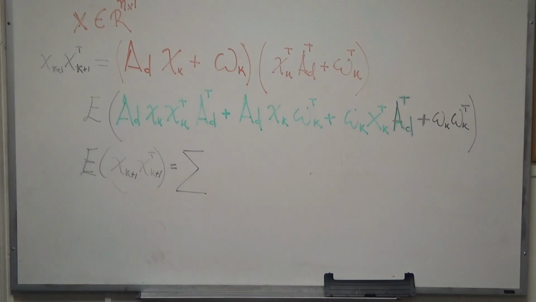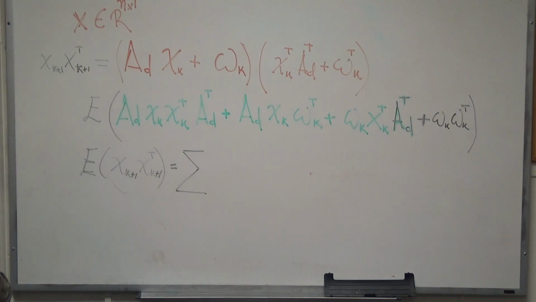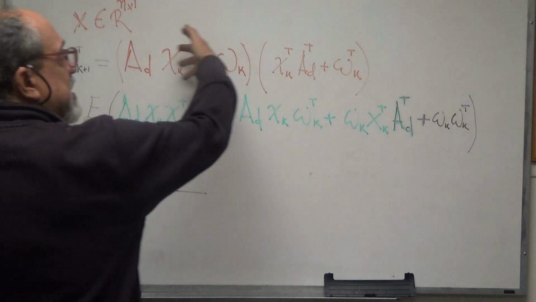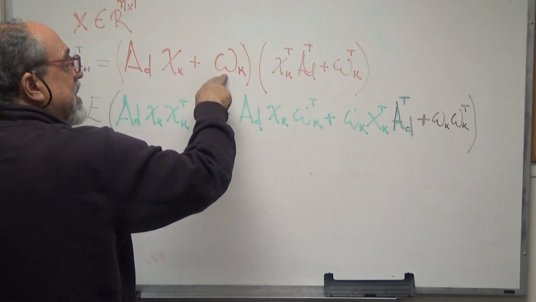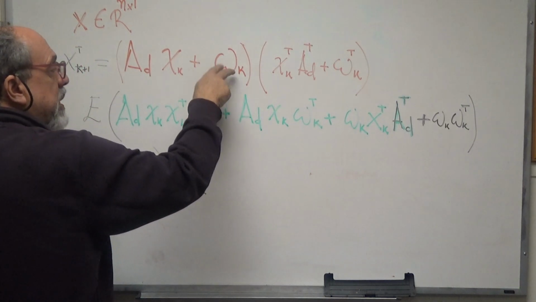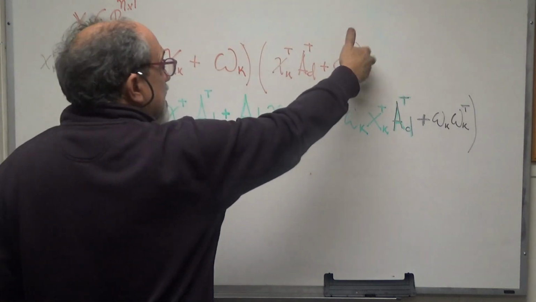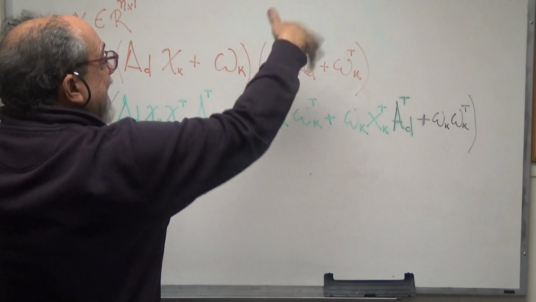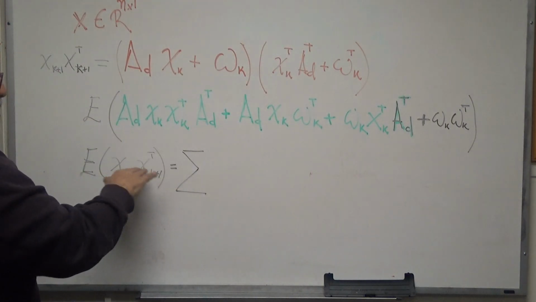Okay? Now, it turns out that the covariance of the state at k plus 1 is the same as the covariance of the state at k, the covariance of the state at any time, because the system is assumed to be operating in steady state, right? This is a signal that is just white noise, not getting bigger or smaller. So the state has a covariance which is stationary.